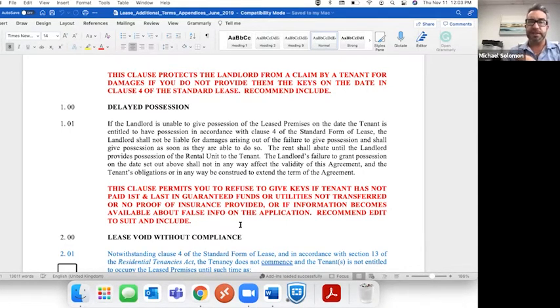So we always like to include delayed possession in our additional forms of lease, so that the tenant knows that, heaven forbid, if something were to happen where we become delayed in giving possession, this clause stays in there. On real estate agent forms, of course, we're using standard OREA forms and clauses. These are really helpful for you guys. You can copy and paste and take these clauses that we have here for you, so then you can insert them onto your form as well.